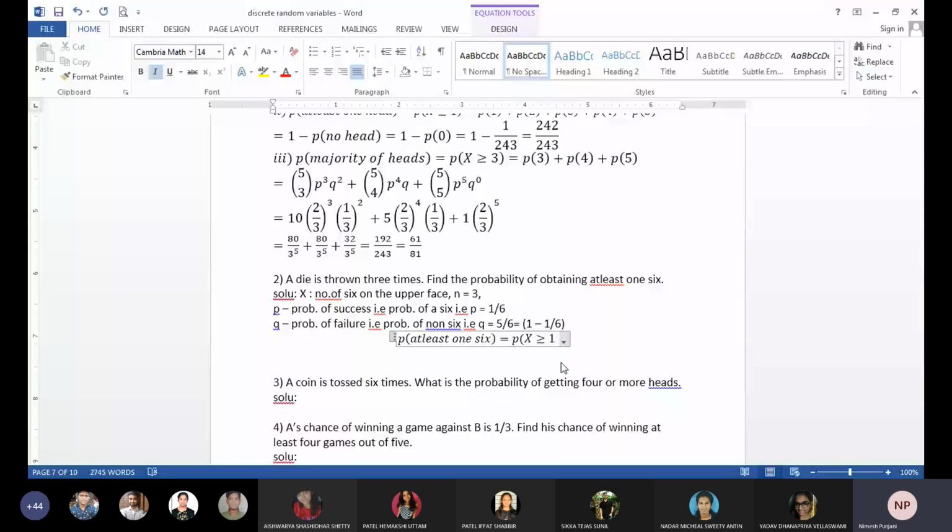So that means here it is P of 1 plus P of 2 plus P of 3. क्योंकि 3 बार वो टॉस हो रहा है ना, so your x will vary from 0 to 3. So when you are telling x is greater than or equal to 1, that means we are talking about P of 1, P of 2 and P of 3.